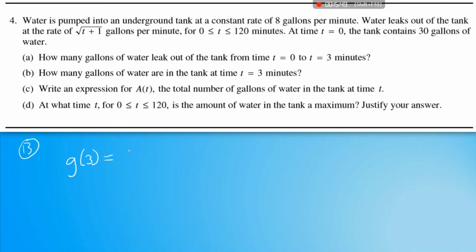First, how much water you started with, how much water went into the tank, and then how much water went out of the tank. So, how much water did we start with?